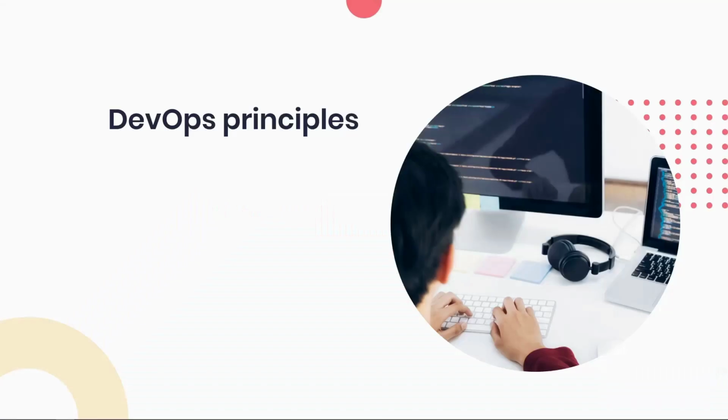DevOps is built on a number of key principles. Here are 6 principles which are essential when adopting DevOps. Customer-centric action. DevOps teams must take customer-centric action in that they should constantly invest in products and services. End-to-end responsibility.